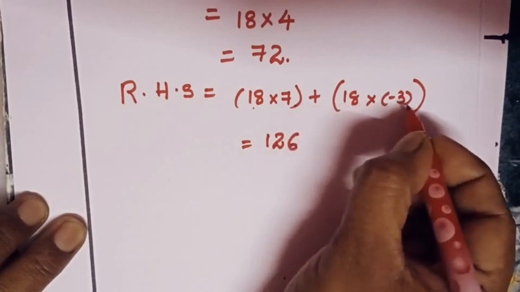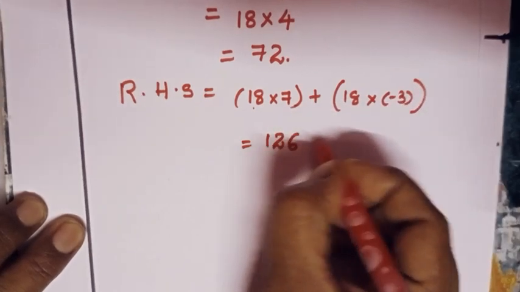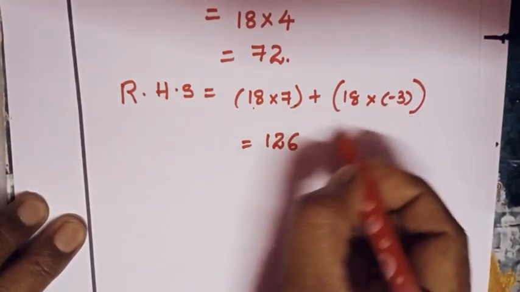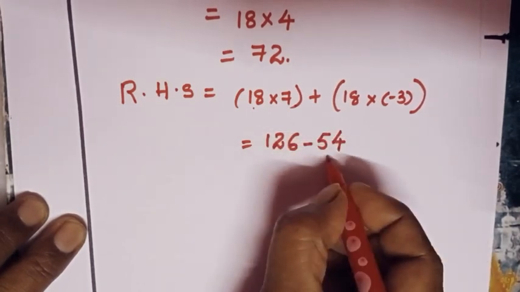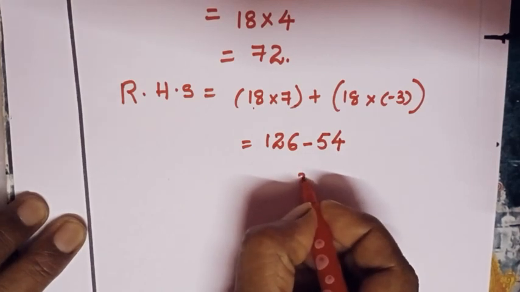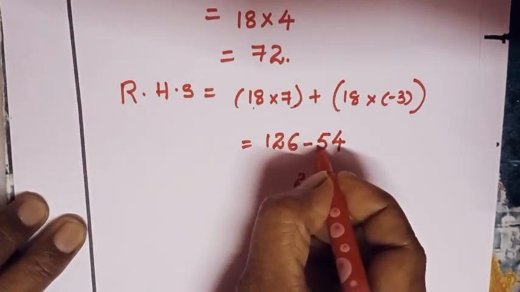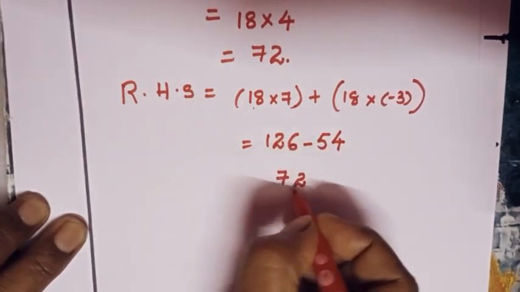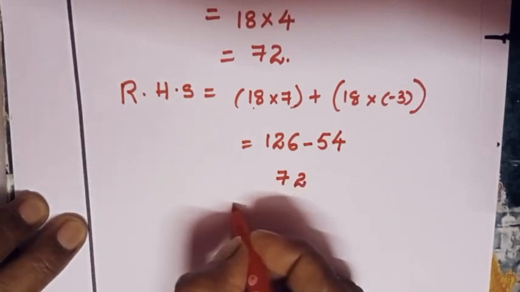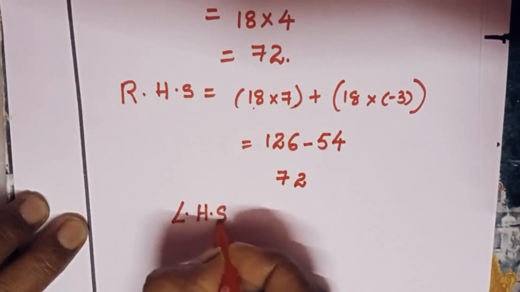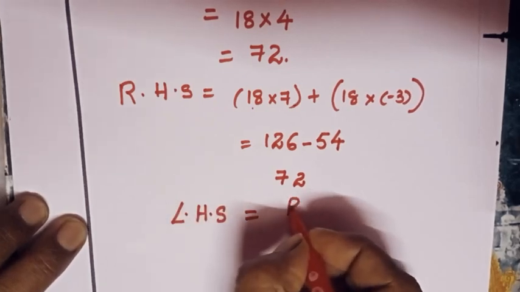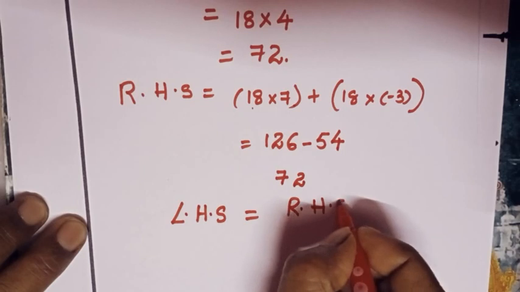And 18 threes is 54. But here plus into minus, so we get minus 54. Let us subtract. 6 minus 4, 2. 12 minus 5, 7. So, we get RHS as 72. So, what we got? LHS equals RHS.